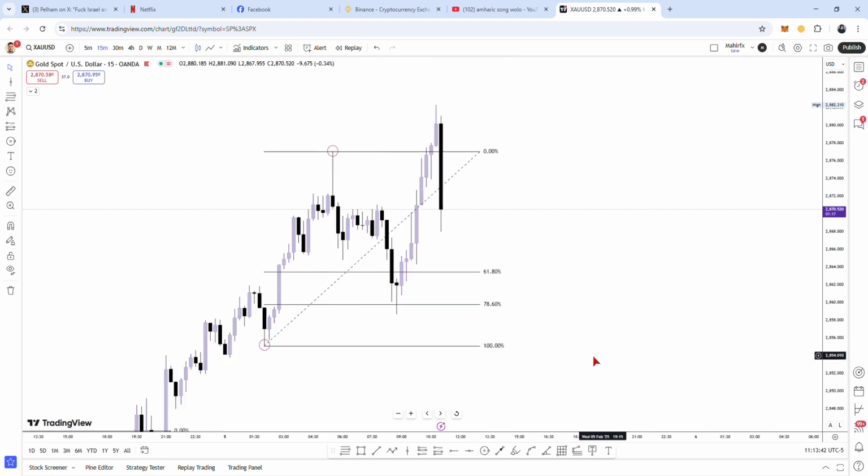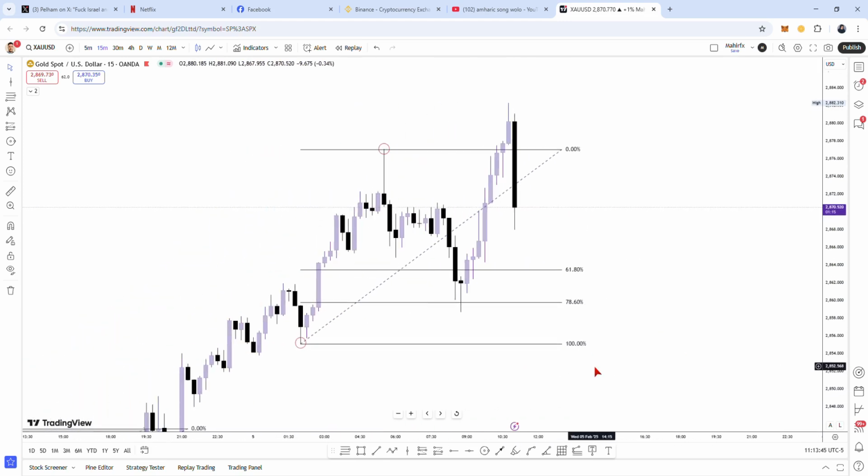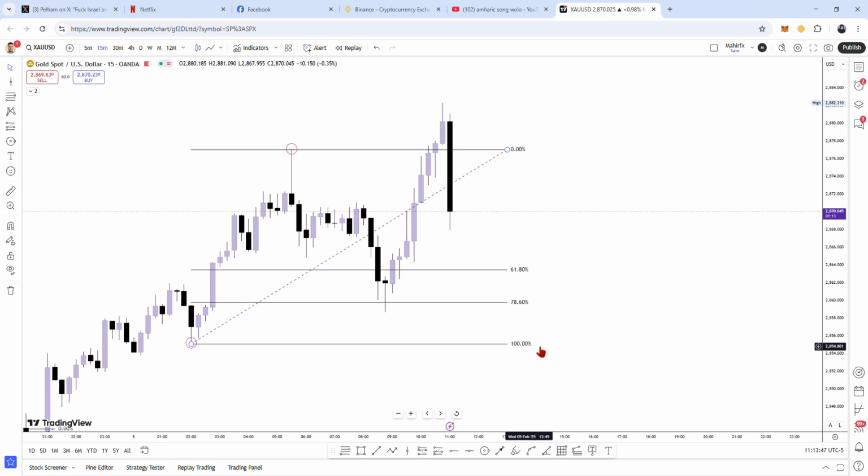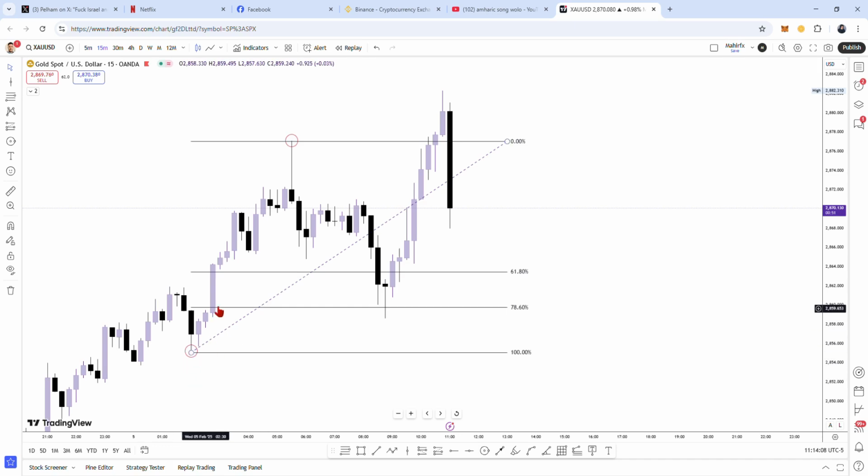From this, there are 3 pointers which I'm going to look at from the Fibonacci lines, which I'm going to enter with different confluences. The confluences: first of all, I have to mark the high and the low.